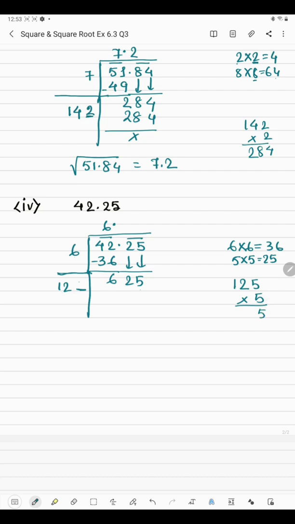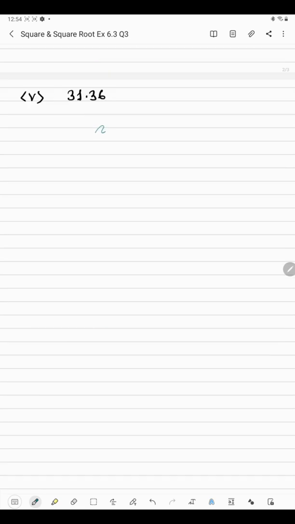So 5 5s are 25, 5 and 2 carry, 5 2s are 10, 10 plus 2 is 12, 1 carry, 5 1s are 5, 5 plus 1 is 6. So here will be 5 and here also will be 5. So we'll get 625. So the square root of 42.25 is 6.5.